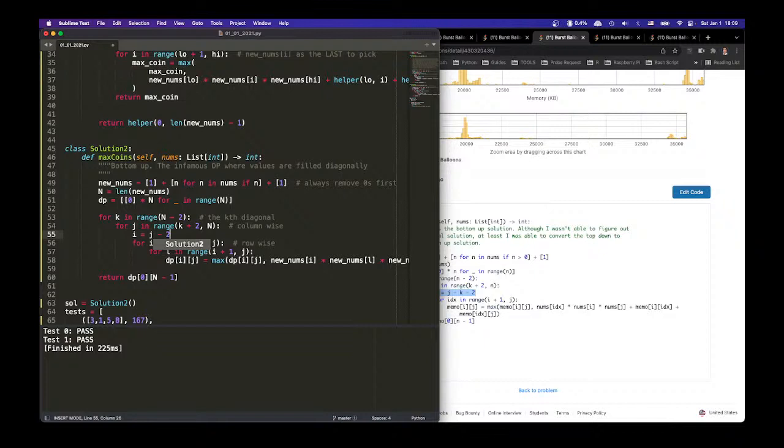J will start from 3, and I will equal 0. If J is 4, I is 1. If J is 5, I is 2. So it's J minus 2 minus K, that's how you get this. And this is for L.